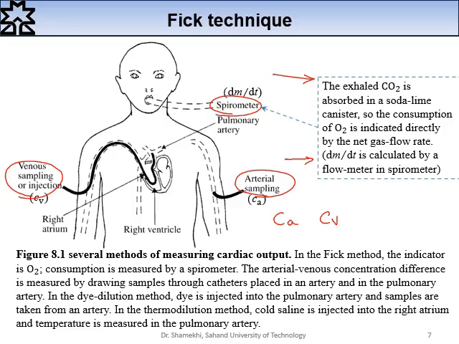Let me talk about this method here. We can add some cold saline liquid, a bolus of saline. We can inject it into the right atrium, and using measurement of the temperature in the pulmonary artery, we can find the thermal energy differences between these two sites of injection and measuring.